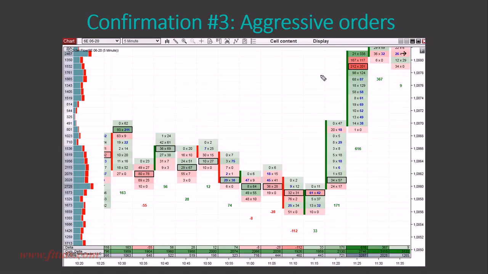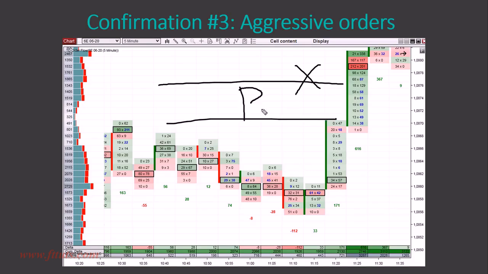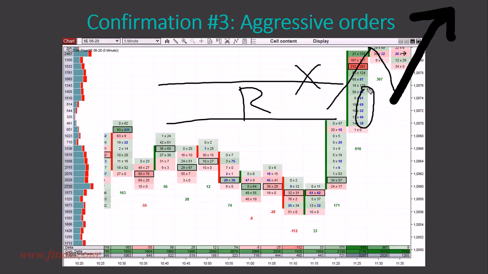You don't want to go short. No short. It's better to wait for the price to shoot past your resistance and then maybe enter a long from this area, because this is a support. Those buying imbalances create a support.